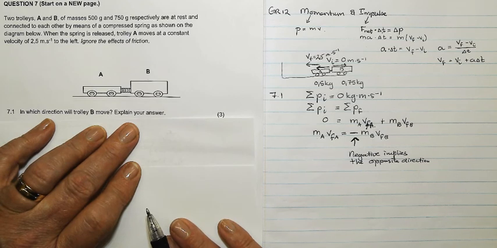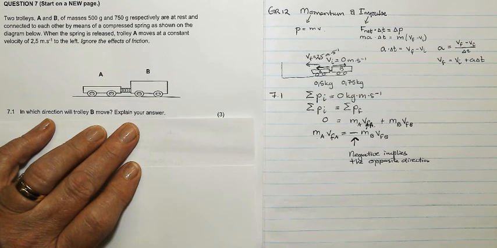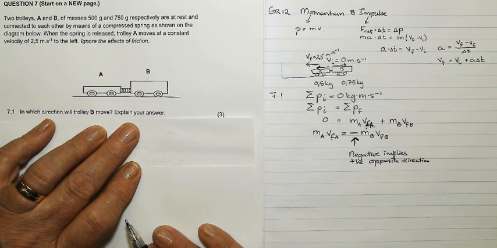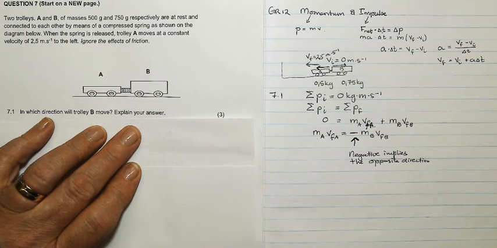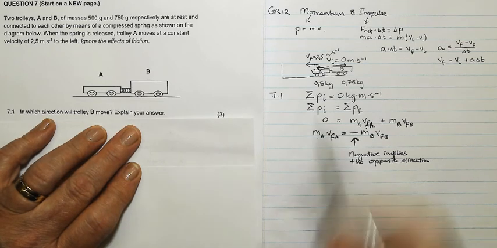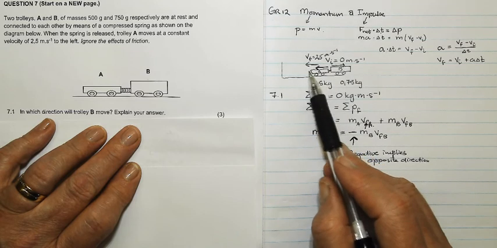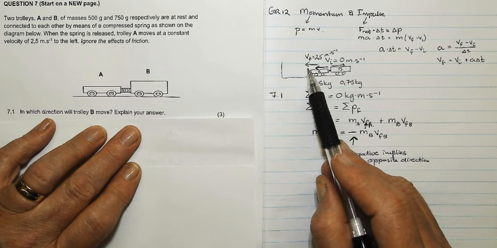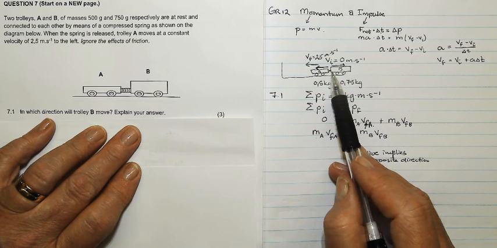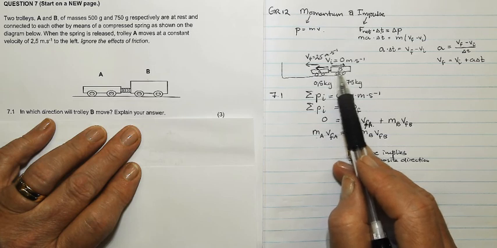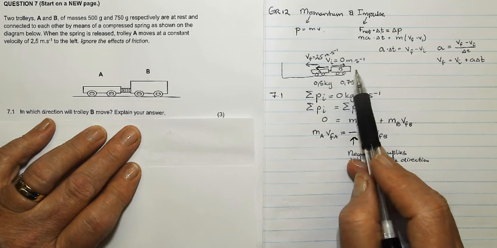The momentum of B will be equal in magnitude but opposite in direction to the momentum of A. It's also an application of Newton's third law, where the spring is exerting a force on A to the left, and that same spring exerts an equal force on B to the right.